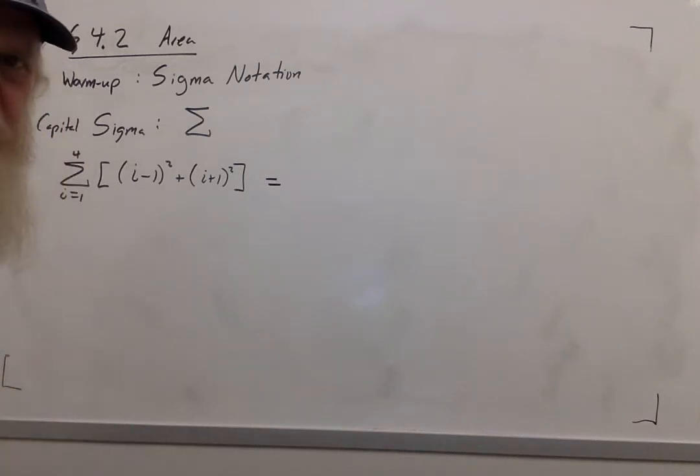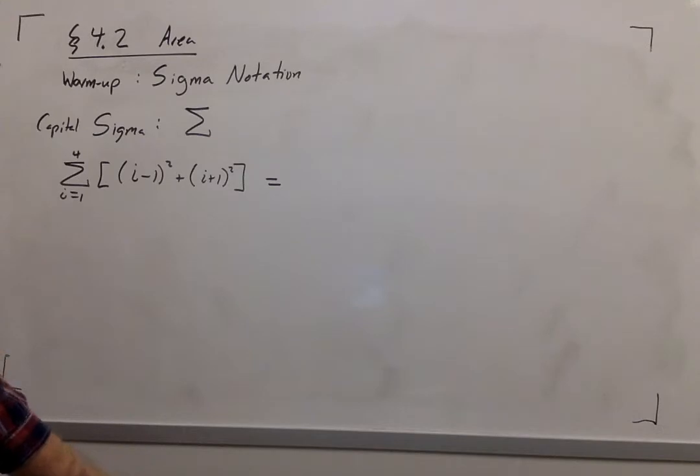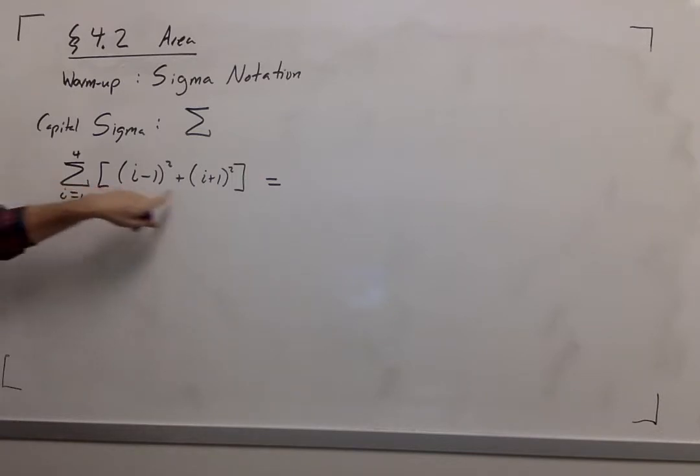Now, if you think you understand how this is working, you might want to pause the video and try this out on your own. Otherwise, keep watching. Here, my index of summation is i rather than k. But I'm going to take i equals 1, 2, 3, and 4, substitute into this expression, and then add the results.